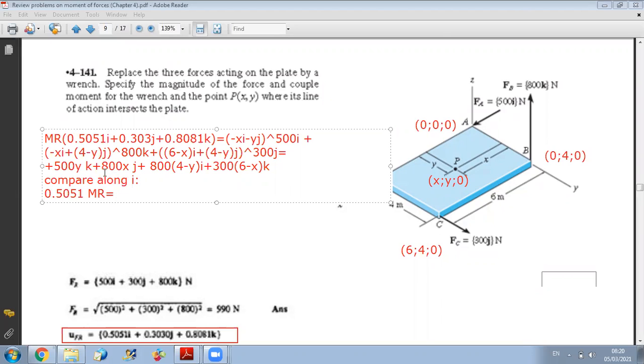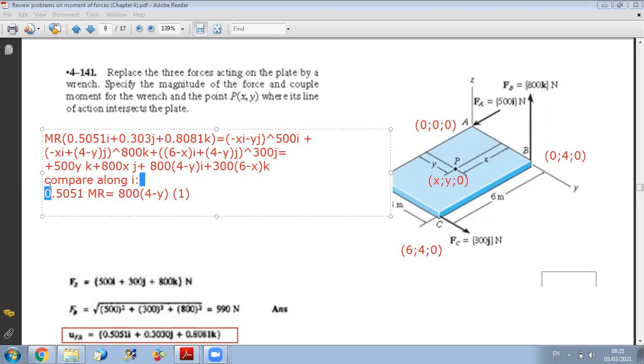From the other side, what do I have along i? I have just one component along i, which is 800 times 4 minus y. So I will just put it. This is equation number 1.